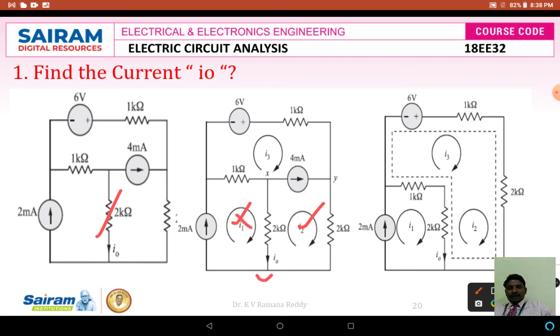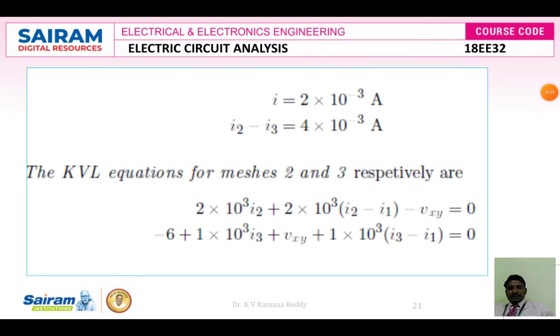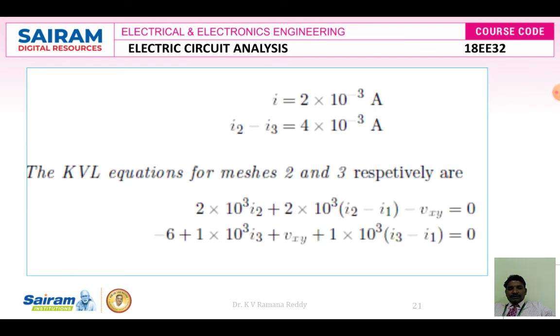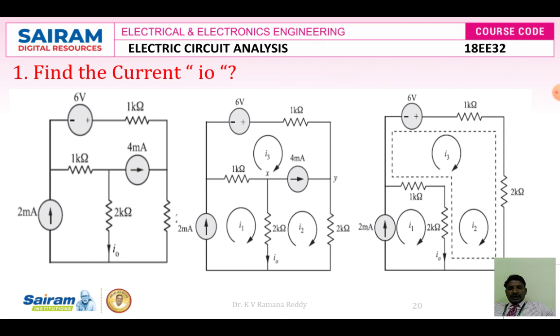Therefore, I1 minus I2 is equal to I naught.